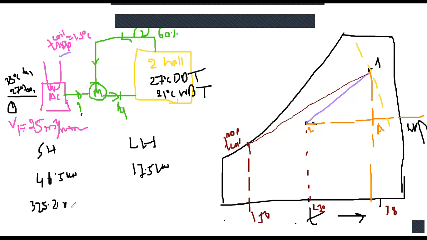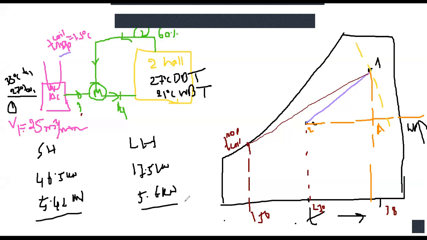325.21 kilojoule per minute. We have to convert this into kilowatt, that is divided by 60. That means 5.42 kilowatt. Our latent heat due to infiltration is 5.6 kilowatt.